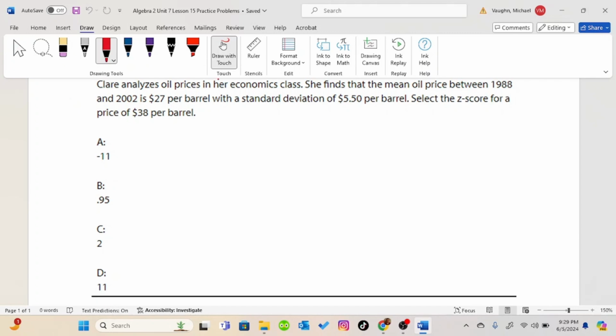So, if I want to calculate a z-score, I take the value that I am observing, I subtract the mean, and then I divide that difference by the standard deviation.